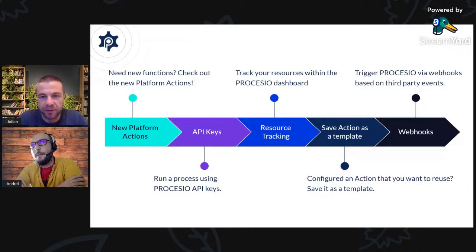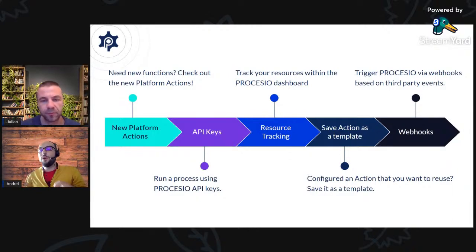I think just the fact that we've managed to add so many actions is already great. That really increases the level of complexity of the processes you can build. But webhooks will really make a difference when we have that. I definitely agree with you, Julian.